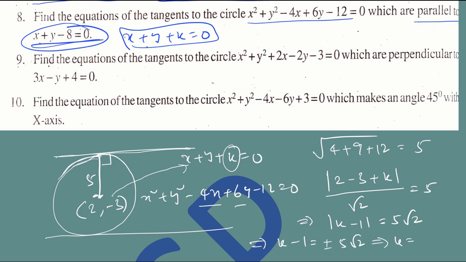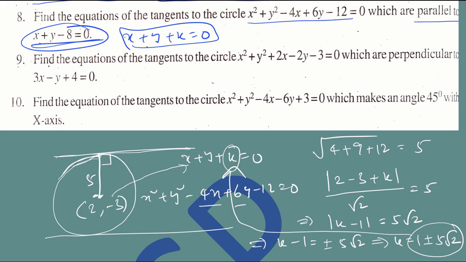Or I have k − 1 = ±5 root 2, or k = 1 ± 5 root 2. Now write this value of k in here. You got your required tangents parallel to x + y − 8 = 0. Okay, let's move on to the next problem.